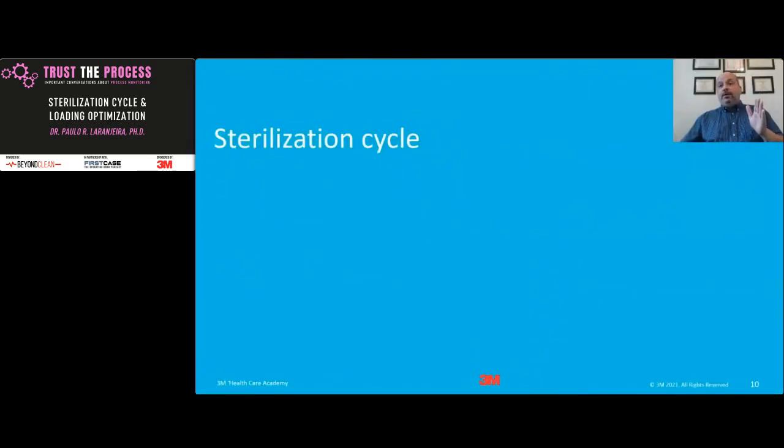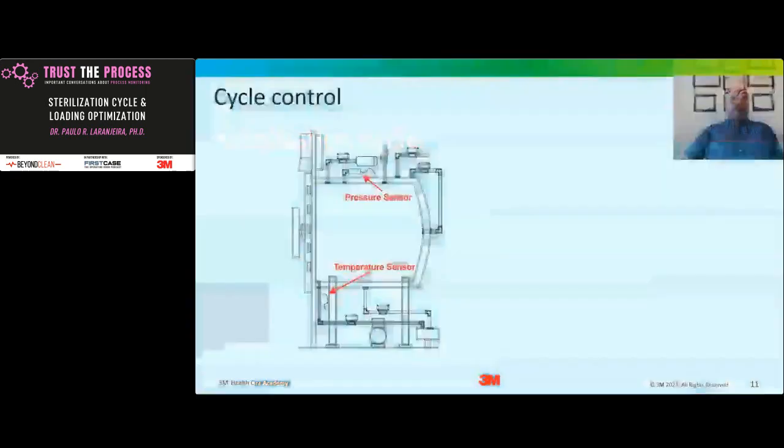Now let's take a look at the sterilization cycle, how the sterilizer controls the cycle. I'm using this drawing that I did many years ago when I was preparing one of my first presentations.